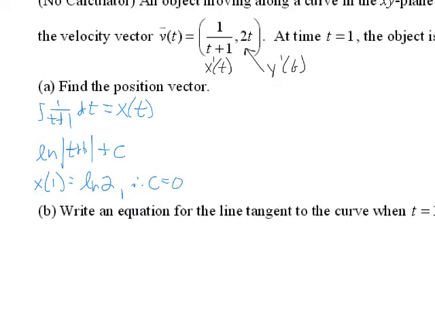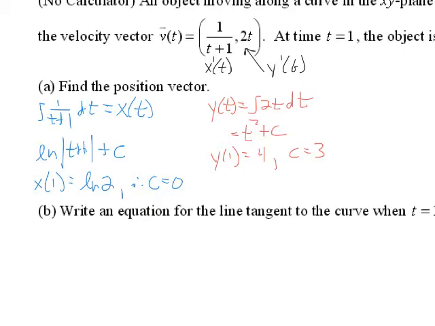Now we do the same thing for our y value. y of t is equal to the integral of 2t dt. And finding our antiderivative, that's going to be t squared plus c. And since y of 1 is equal to 4, we can conclude that c is 3.